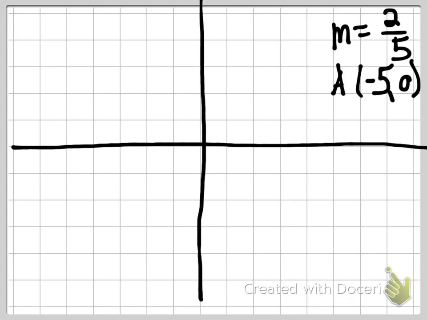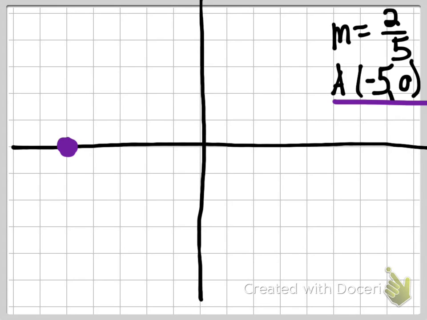So what I will do is, let's change this to a purple. I'm going to start with A here. So -5 tells me to go 5 to the left. 1, 2, 3, 4, 5. And then 0 up and down. That's pretty easy. Right there.